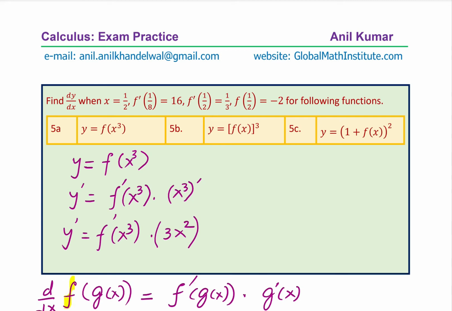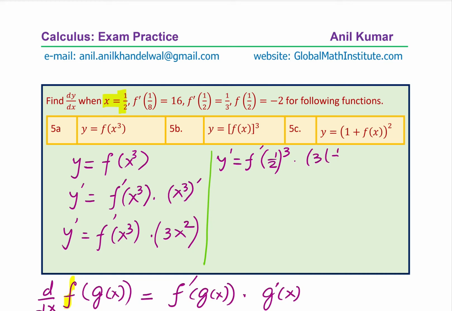Now we need to find this particular value for x equals half. So let's substitute x equals half and find the value. So what we get here is y prime at half equals f prime of half cube times 3 times half square.